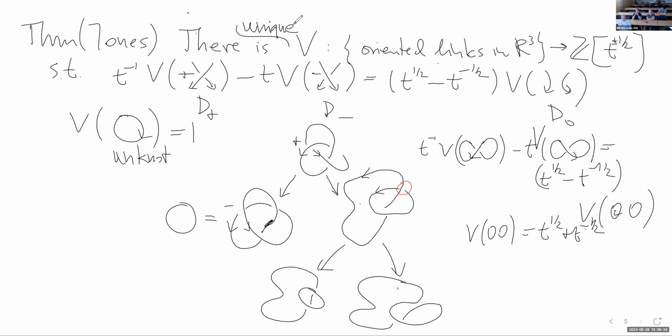But I should tell you that what really surprised topologists and the whole math community was not just the existence of this invariant, but also the inspiration of Jones, who worked in von Neumann algebras, which led to the definition of this invariant. And this work led to a revolution in knot theory.